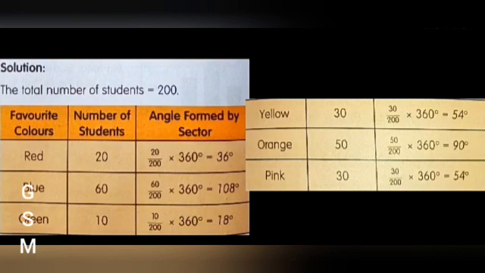So, the number of students whose favorite color is red equals 20. Therefore, 20 divided by 200 into 360 degrees equals 36 degrees. Similarly, we can calculate the angle formed by the other sectors. For blue 108 degrees, for green 18 degrees, for yellow 54 degrees, for orange 90 degrees, for pink 54 degrees.